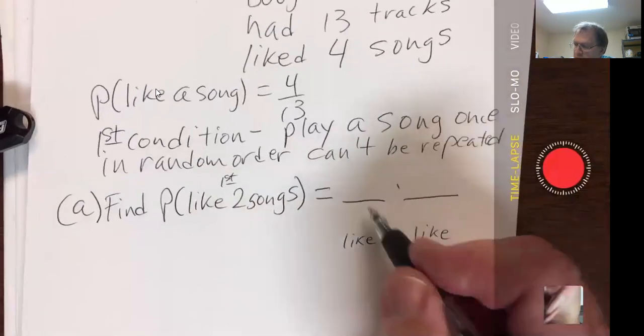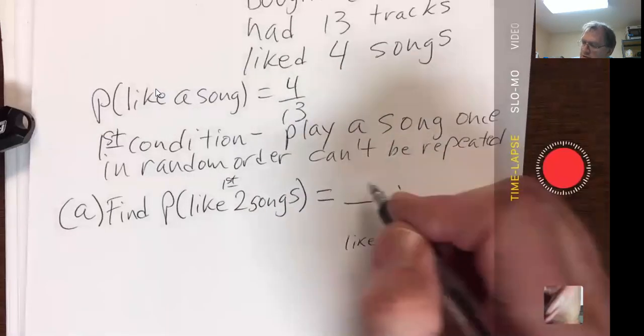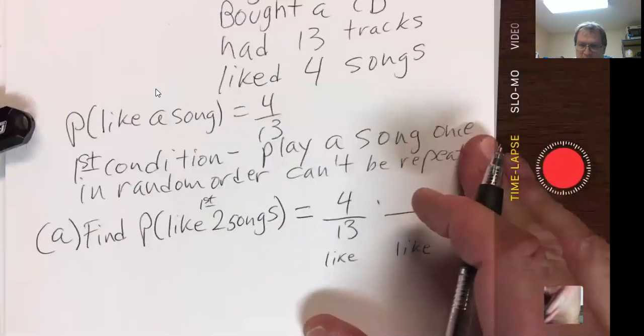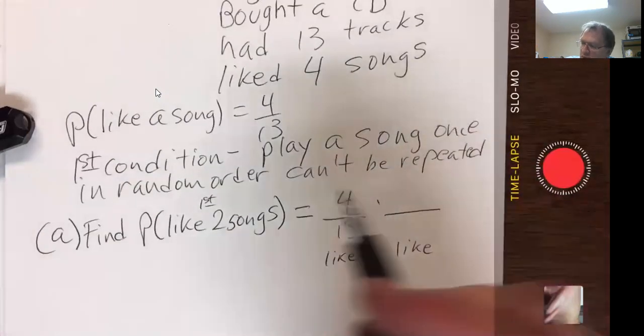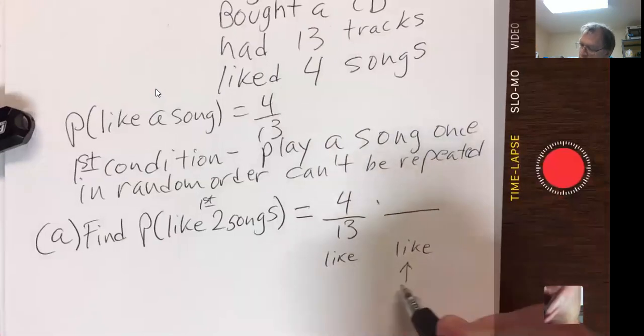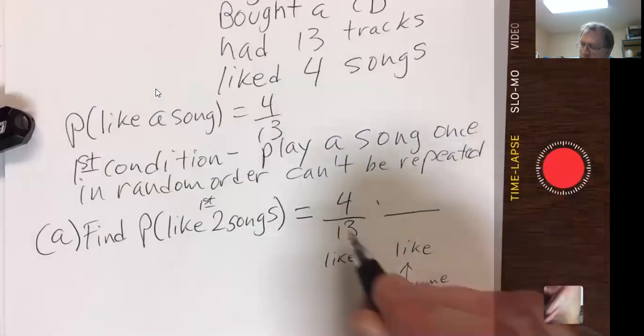Well, if you like the first song, that probability would be 4 out of 13. Okay, if you can't repeat the song, you've got to assume a song you like was played here.